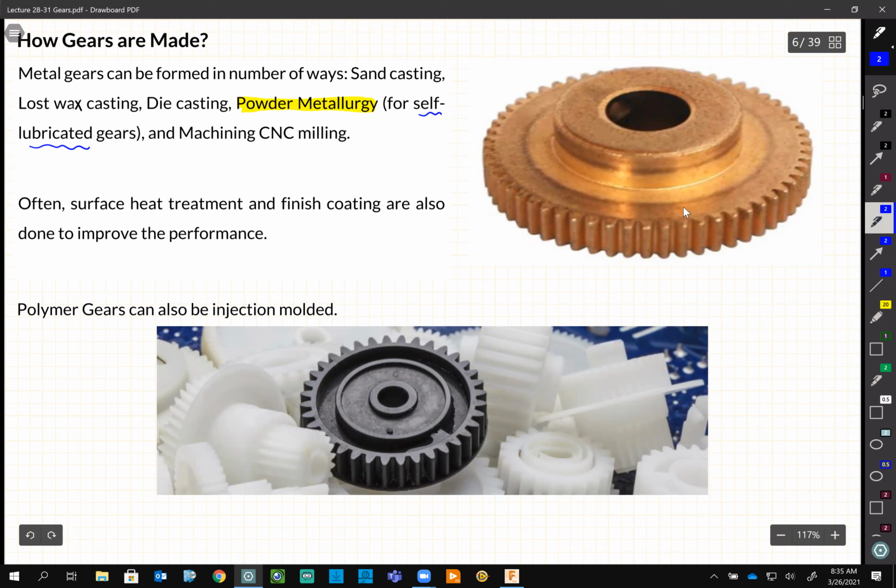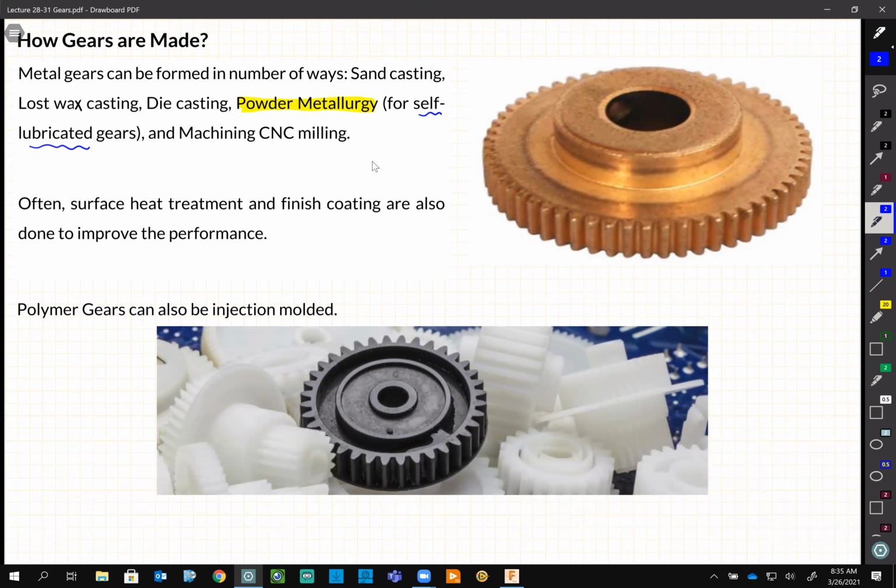I wish we were in an in-person setup, so I have a bunch of these gears, so I could give it to you and you could touch it. It has an oily surface because it has all this porosity inside and it absorbs oil. So when it works, it has that smooth surface, and it's made by powder metallurgy.